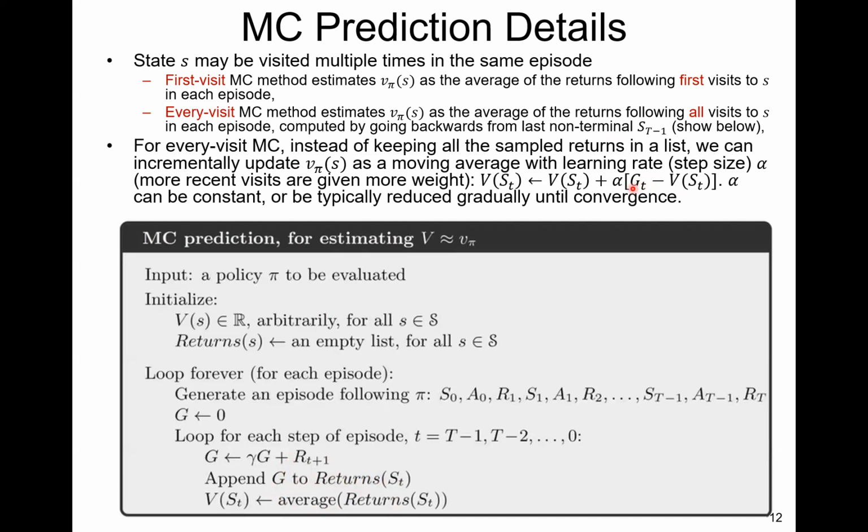But in general, if you keep alpha constant, or reduce it with some annealing schedule, it's a weighted sum. Actually, it's more reasonable to have a weighted sum because the more recent updates to the value function are likely to be more accurate.